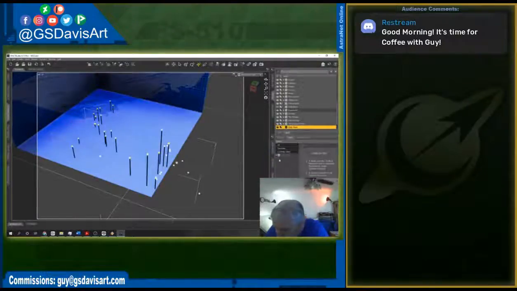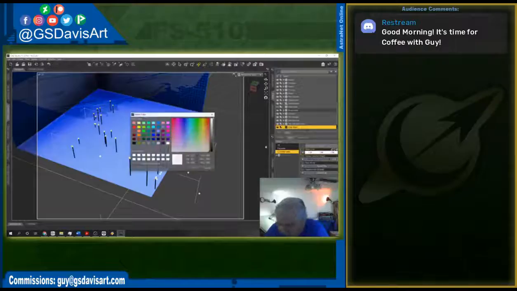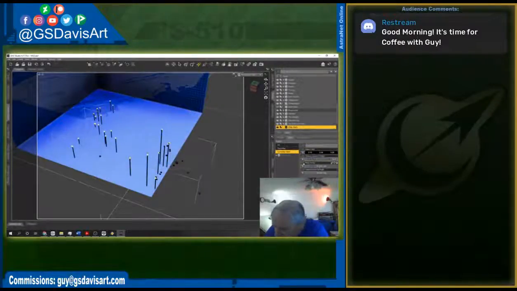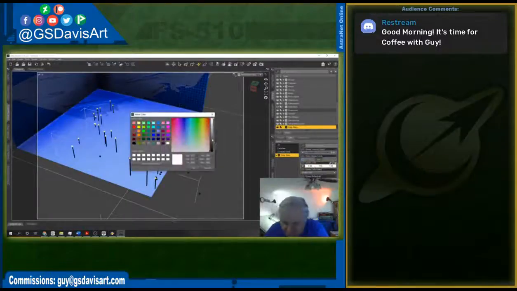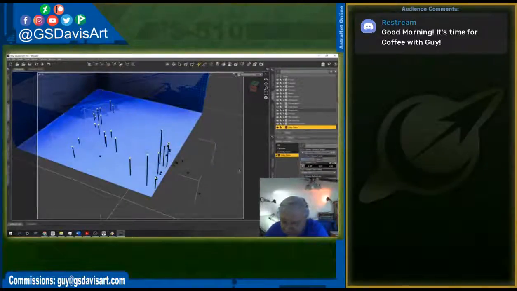We're going to take surface. I'm going to make their base color black. And turn off their specularity, because this glossy makes them shiny. We don't want them to be shiny. Want no emission color.